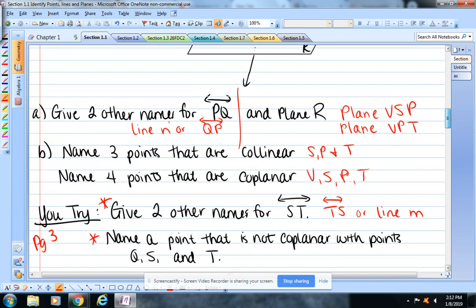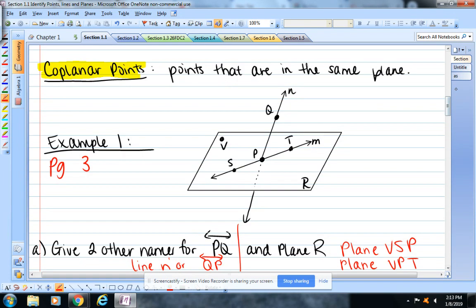Very good. Okay. A point that is not coplanar with Q, S, and T. Well, you might be thinking, well, Q, S, and T are not in the same plane. Y'all thinking that? Well, what you could do is you could actually make a plane. You can draw a plane. It's kind of like a triangle sitting on top of my paper.